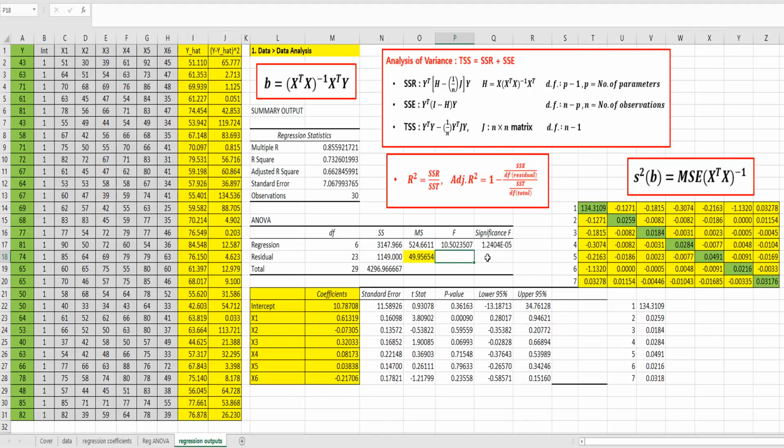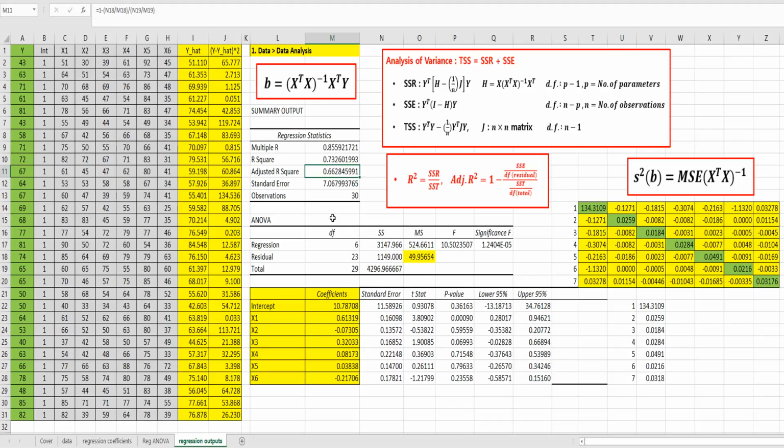Then we were able to test whether this model is significant or not. So according to this small p-value, we can say that our current model is statistically significant to explain the y variable from 6 independent x variables. And adjusted R square is 0.66.